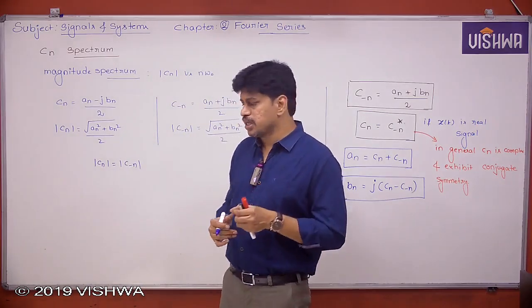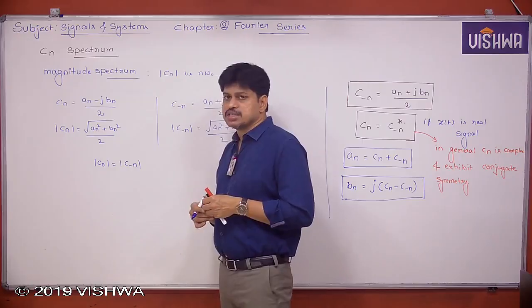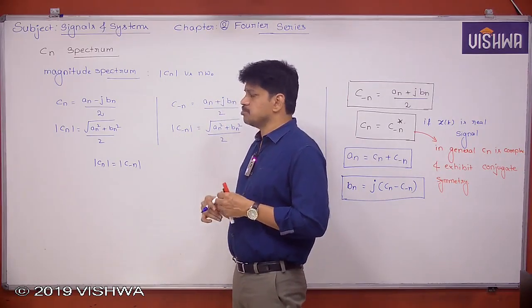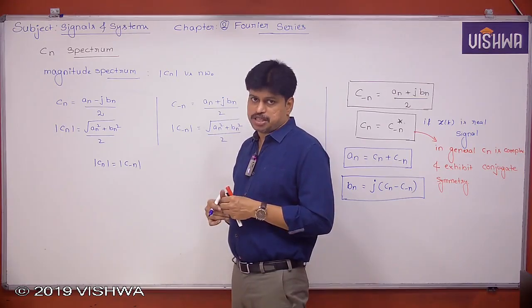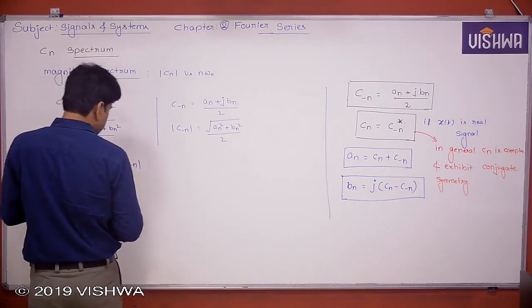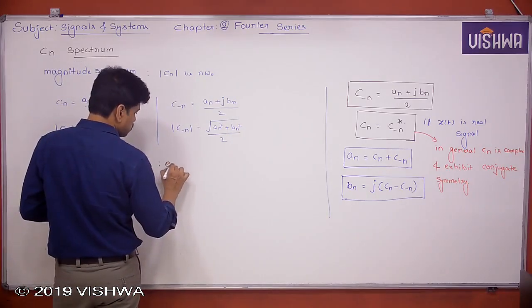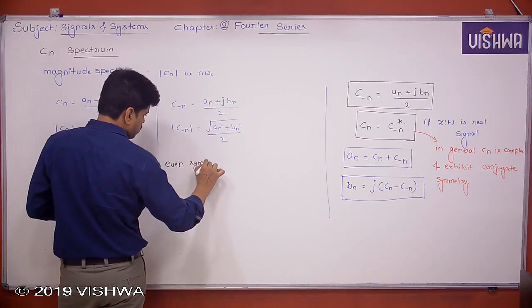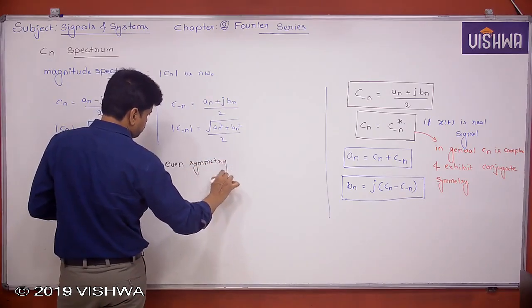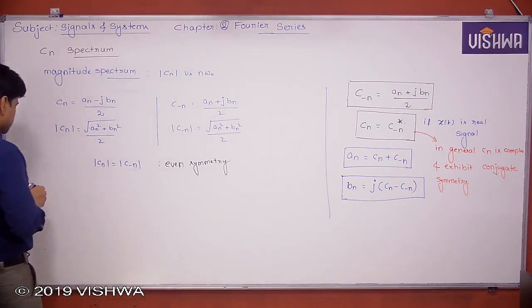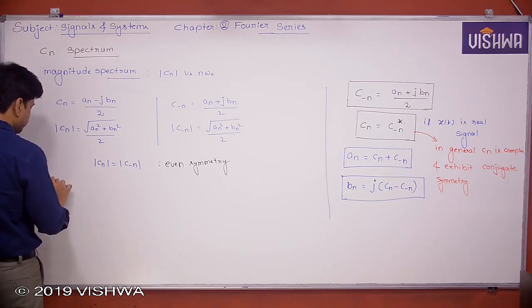So I can conclude that the magnitude spectrum in Cn, that means in the exponential Fourier series, exhibits even symmetry. Clear.